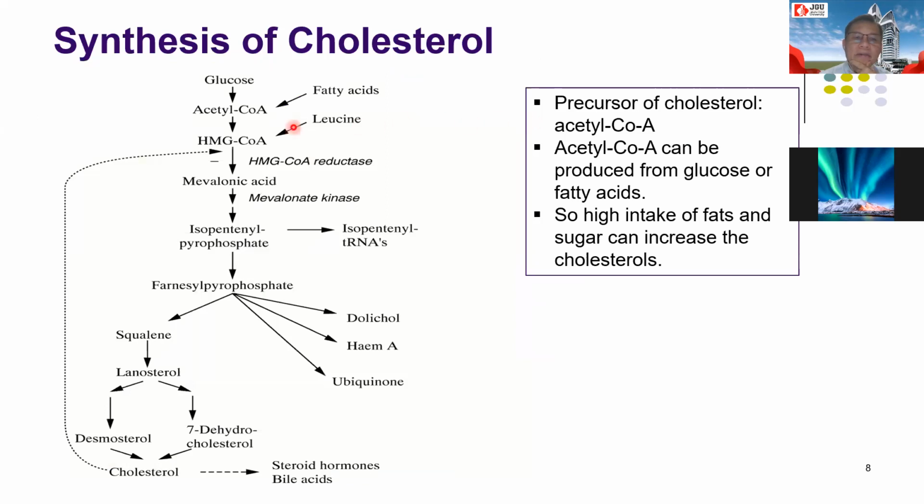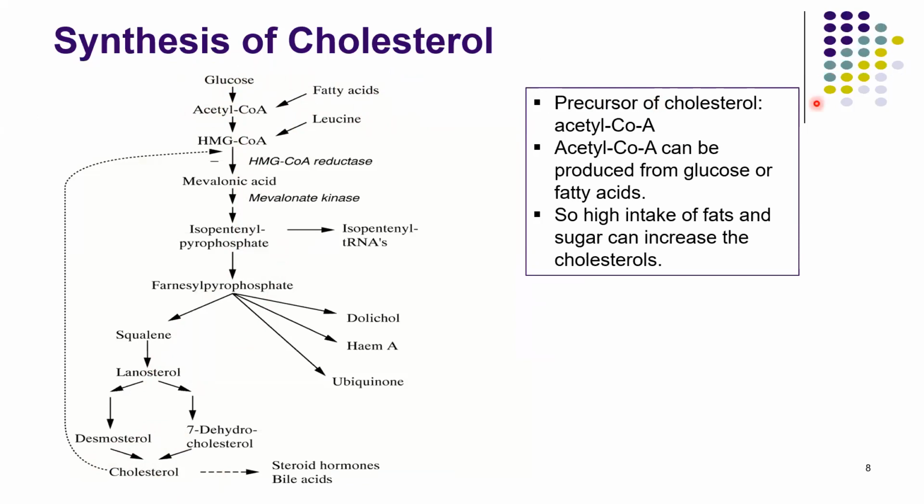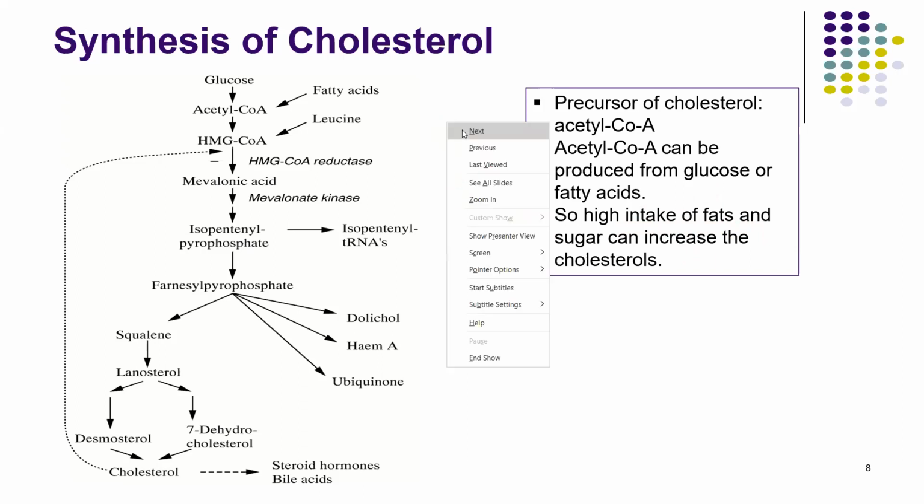The acetyl CoA from fatty acid can also be used to synthesize cholesterol, and glucose can also form acetyl CoA. So as a precursor of cholesterol, acetyl CoA can be produced from glucose and fatty acids. So high intake of fats and sugar can increase the cholesterol. They are intercorrelated.